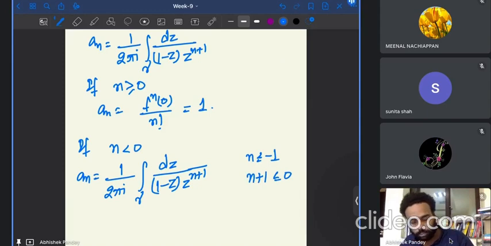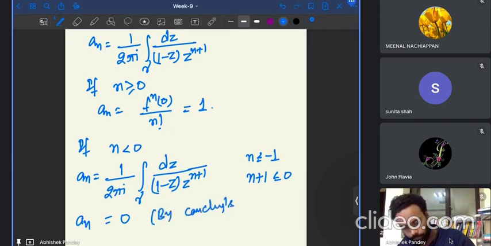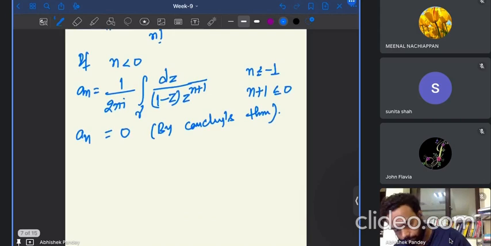Now this is your curve, so this will be 0 by Cauchy's theorem. So this is 0 for every negative n.